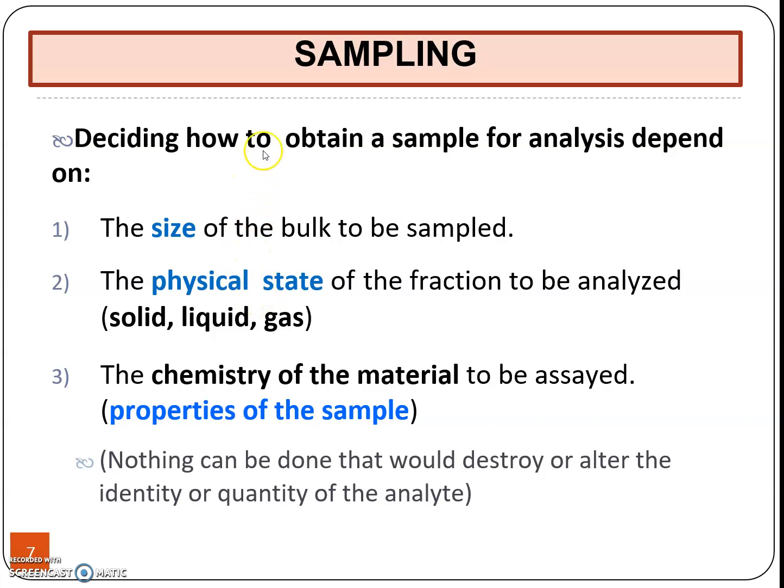Next, for sampling, we have to consider the size of the bulk to be sampled, for example how many square meters the area is, or if taking from a waterfall, what height or altitude. Also the physical state of the sample, such as solid, liquid or gas, and the properties of the sample.